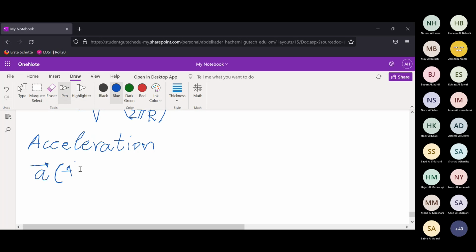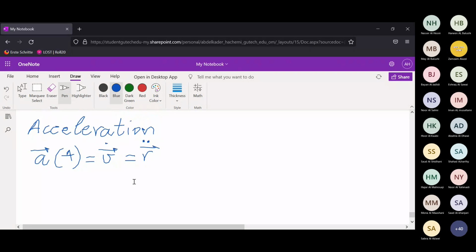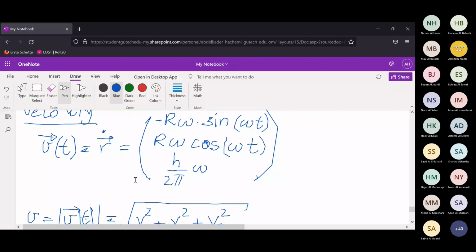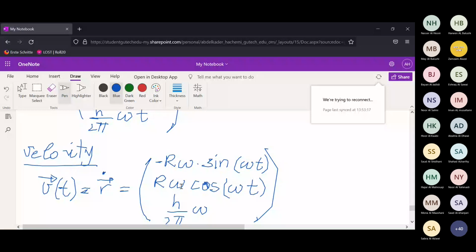It's the time derivative of the velocity vector, that is, the second time derivative of the position vector. Now, for the velocity, we make the derivation of each component with respect to time.